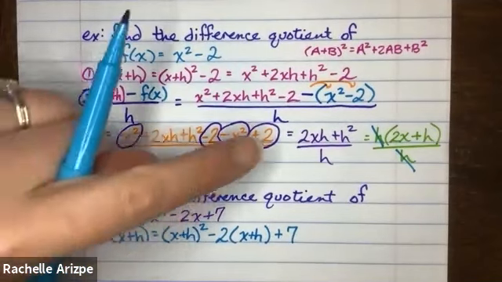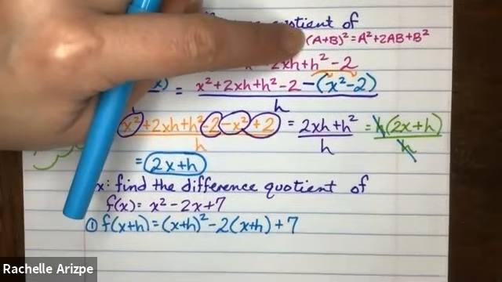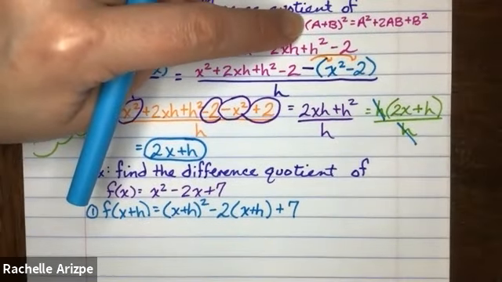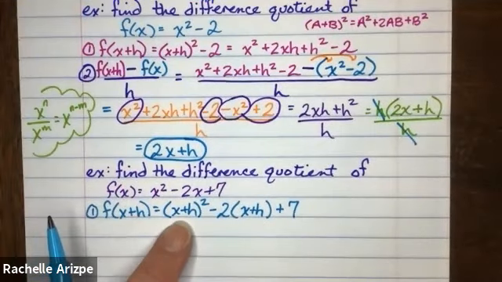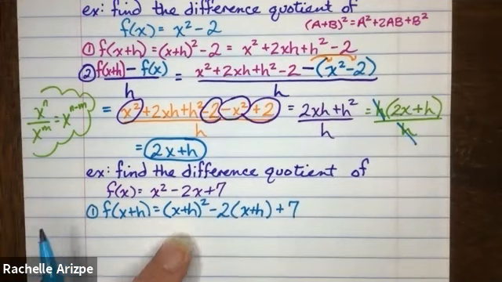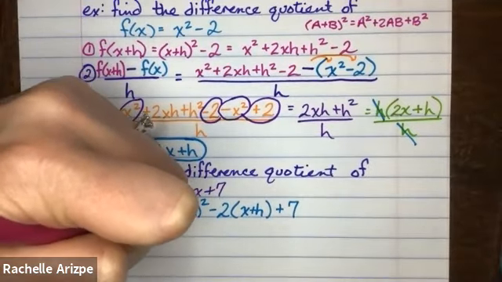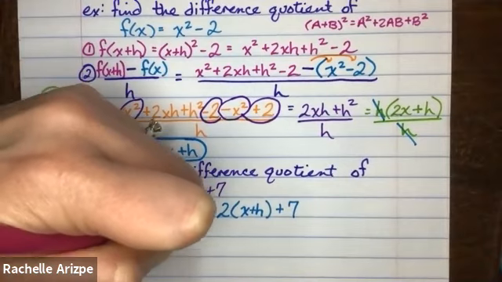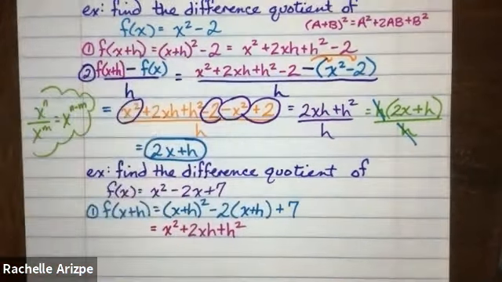Now from here, I'm going to again apply the fact that a plus b squared is a squared plus 2ab plus b squared to this portion only. So I'm going to rewrite x plus h squared as x squared plus 2xh plus h squared.